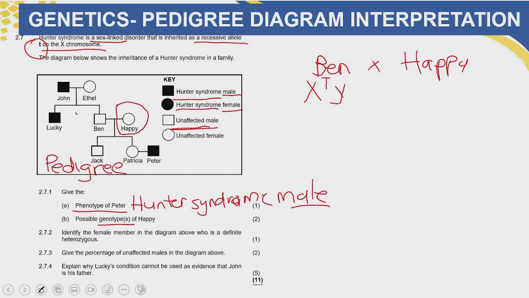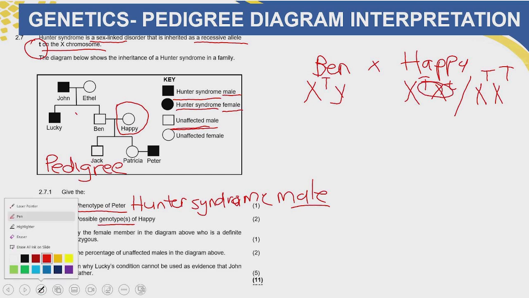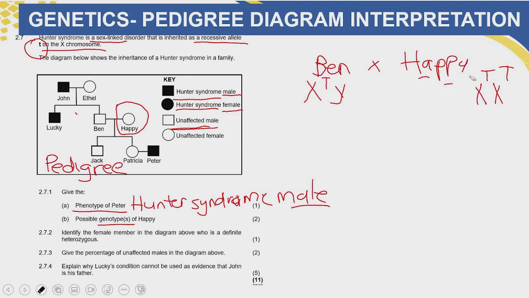So it means that if Ben does not have the allele for Hunter's syndrome to give to a daughter, then Happy can only be X capital T X capital T, or maybe X capital T X small t. Sorry, that one is not a possibility because none of the children have the syndrome.